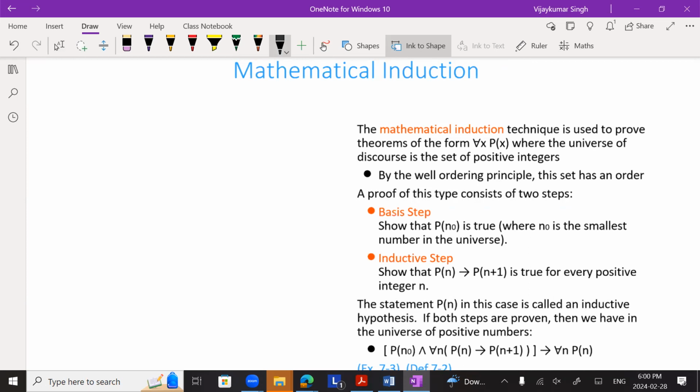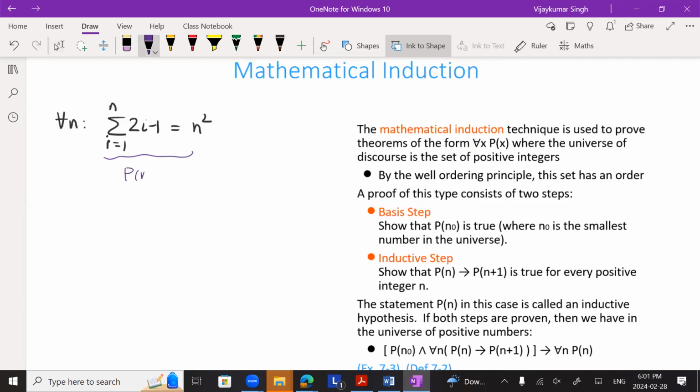For example, going back to our previous problem, we are trying to prove a statement for all n: that the summation of i going from 1 to n of 2i minus 1 is n squared. This is our statement.